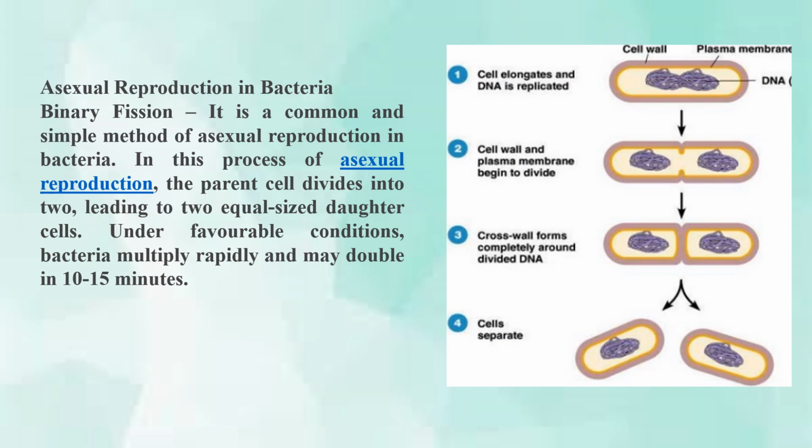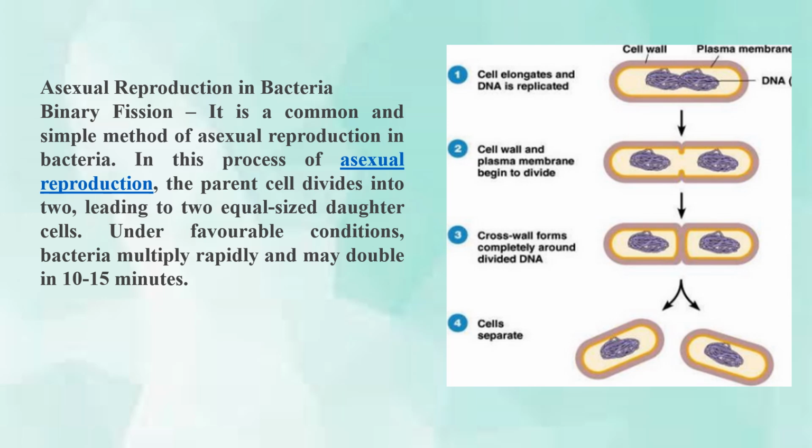So this is asexual reproduction which is formed by binary fission. If you see the picture, it's very clear. In a single cell, when it comes to asexual reproduction, the DNA which is there starts replicating. Slowly the cell wall and the plasma membrane begin to divide.